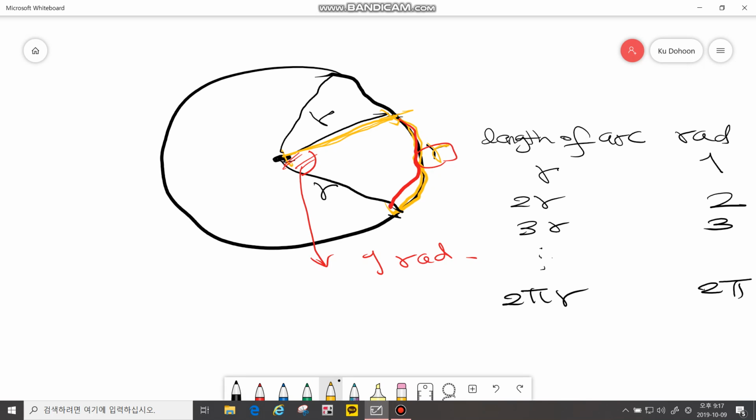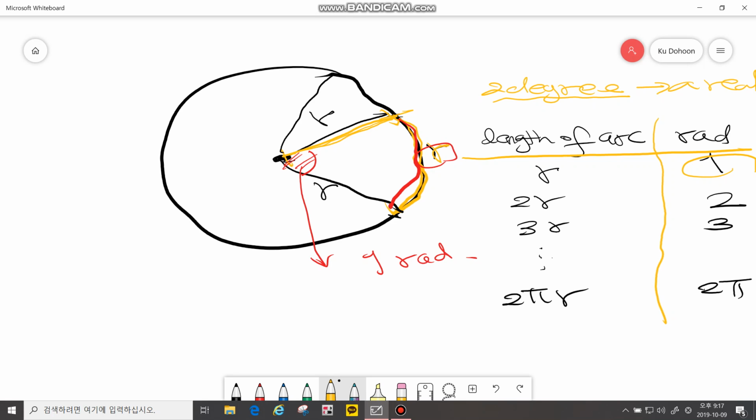So, like I said, radian relates a degree to a real number. So we have a real number here, 1, 2, 3, and all the way to 2 pi, and this is the end of it because we need to stop at 2 pi r, right?